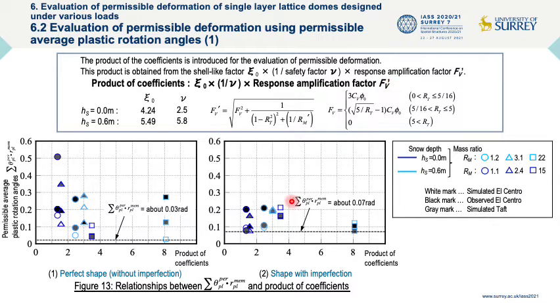As the product of the coefficients increases, the permissible plastic rotation angle decreases. The permissible plastic rotational angle is about 0.03 radian for the dome with perfect shape, and about 0.07 radian for the dome with imperfection.